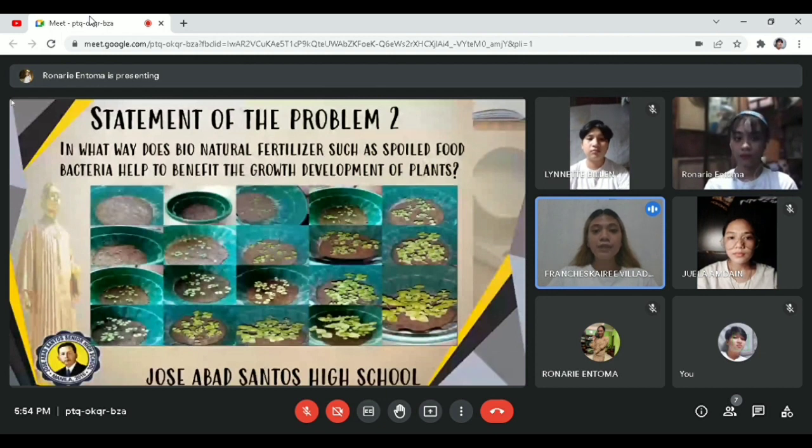Biofertilizers are helpful microorganisms that increase nutrient availability for plants. By stabilizing the soil and increasing plant growth, it increases levels of vitamins, auxins, and other promoting compounds required by the plants. Organic waste from spoiled food can be composted or utilized as biofertilizer.